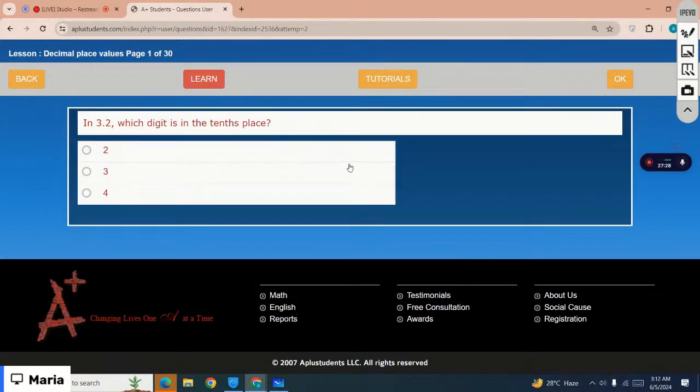Which digit is in the 10th place? Which is the correct option? The digit that is at the 10th position is, which is the correct option?